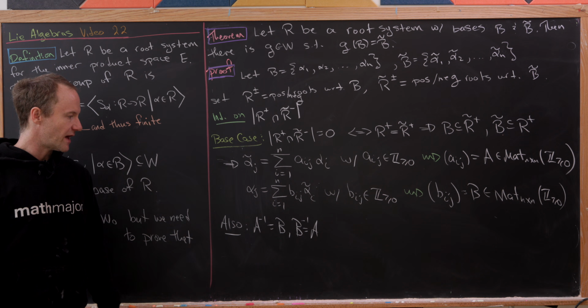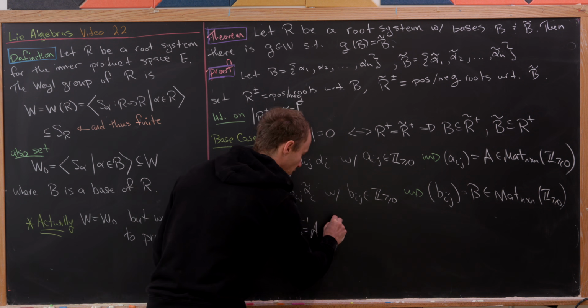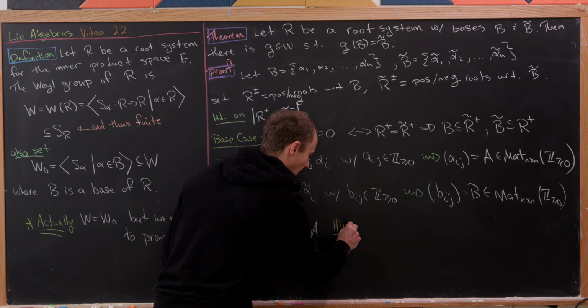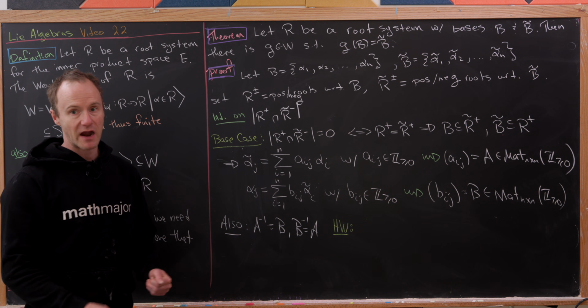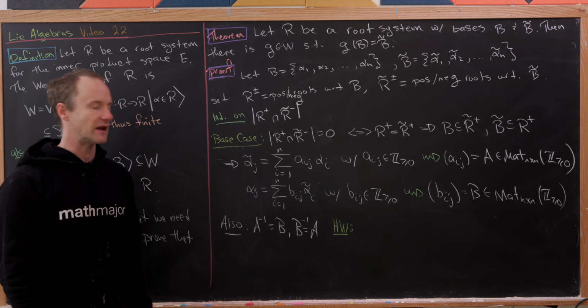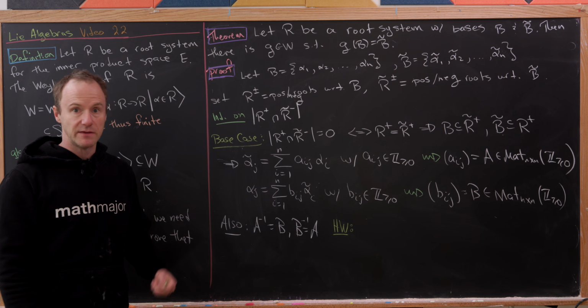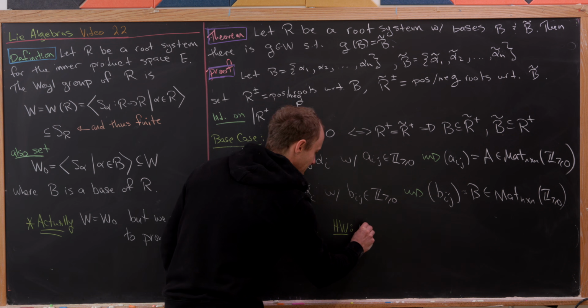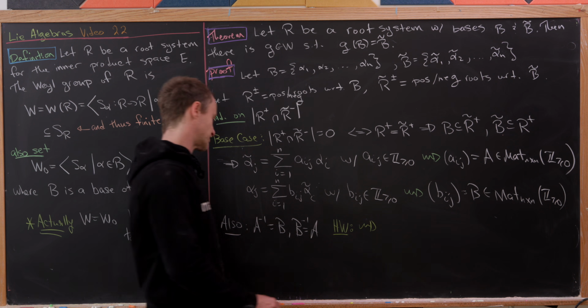Okay, but there's an important result that I'll leave as a homework exercise. It's really just a linear algebra result that says if you've got these pairs of matrices that are inverses of each other, and their entries come from Z greater than or equal to 0, that means that A and B are permutation matrices.